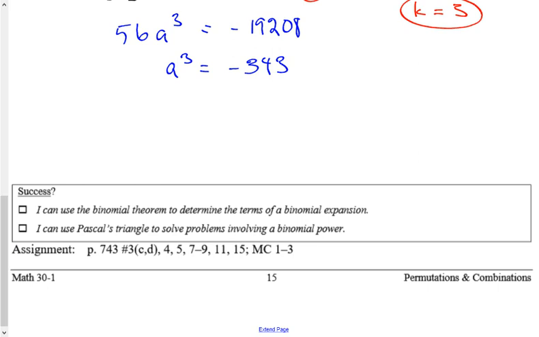On my calculator, I never find the cube root button fast enough, so I will always just do it to the exponent 1/3, because that's usually faster for me on my calculator, which gives me a equals negative 7. And there we go.